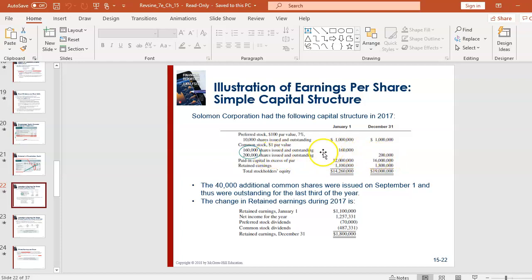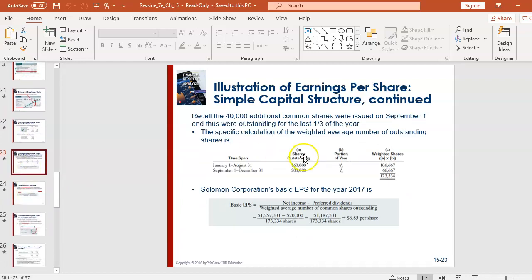And that's not unusual. They sold 40,000 shares during the year. They went from 160 to 200 between January 1 and December 31. So this walks you through, and that's what you do with equities. You just have to reconcile the beginning number to the ending number.